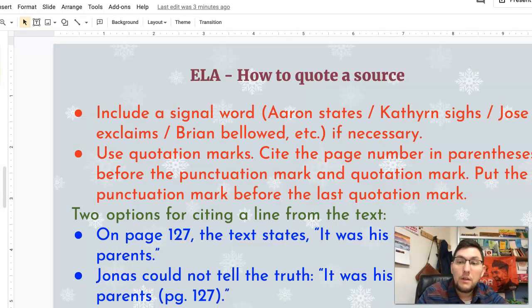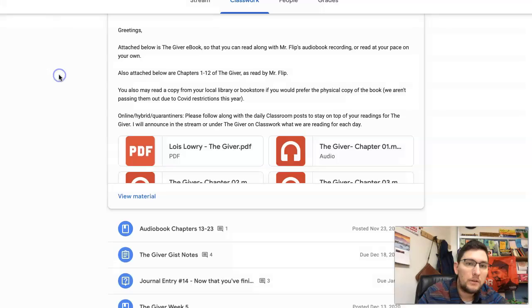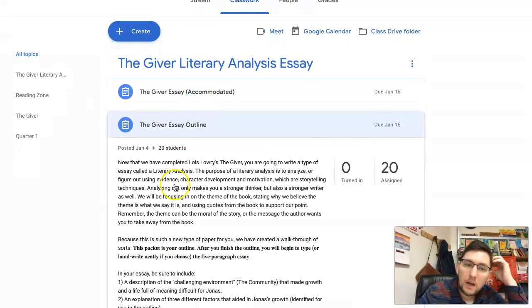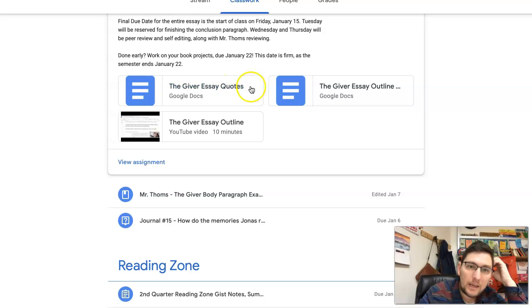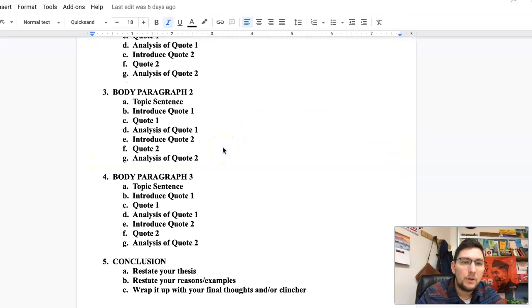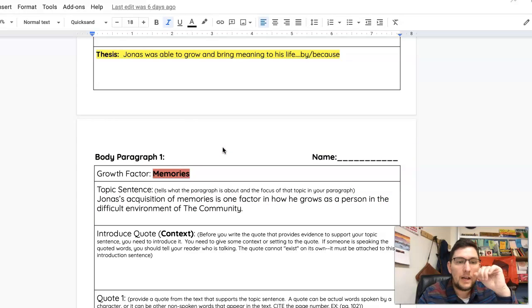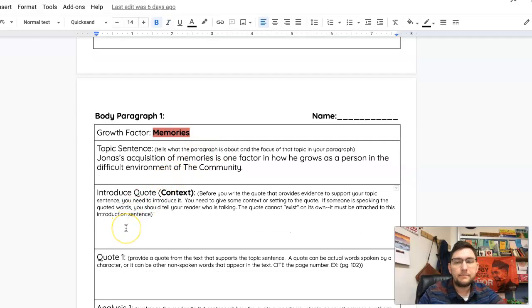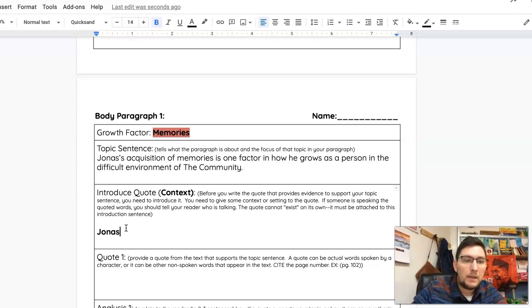Okay, so first thing I need to say is that when you are introducing a quote, that's something that you'll do in your essays. It's important that you use a signal word. So going down to your body paragraphs here for your essay, a signal word might mean that maybe this is something that Jonas says, or maybe Fiona cries out, or father exclaims, right?